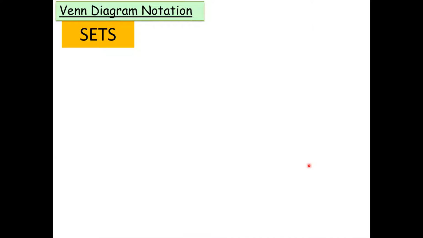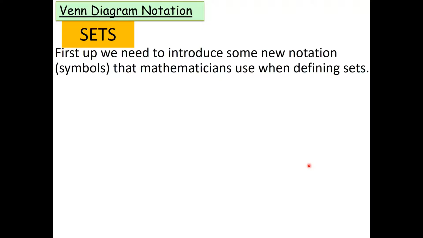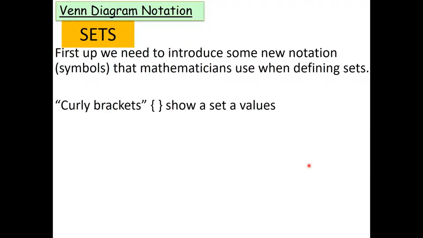Let's get into it. So starting with sets and set notation, it's not a massively new thing. It's just a slightly different way of writing something which you're probably already used to writing. A couple of new symbols are these curly brackets.